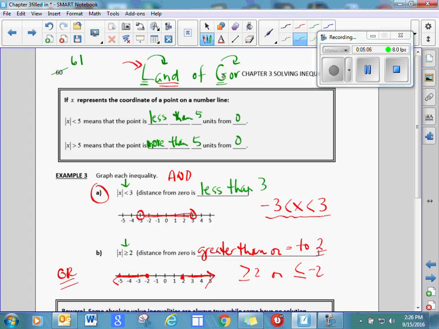When you have a greater than symbol, like in number B, you are going to have an or type answer. So that's what the land of Gore is. L, looking like less than, or standing for less than, means it's an and. If it's greater than, it's an or.